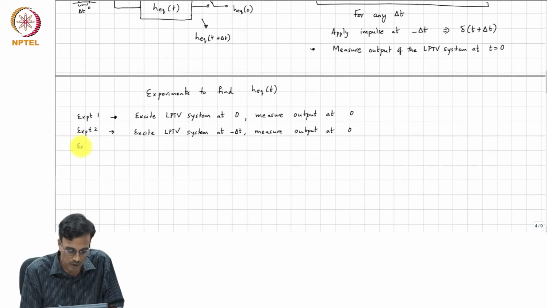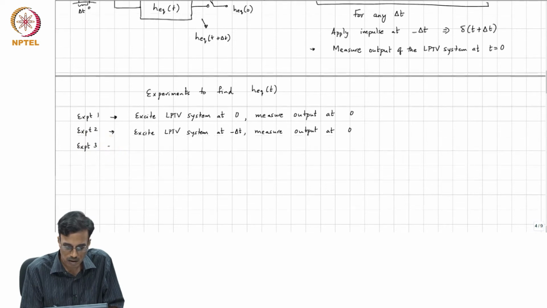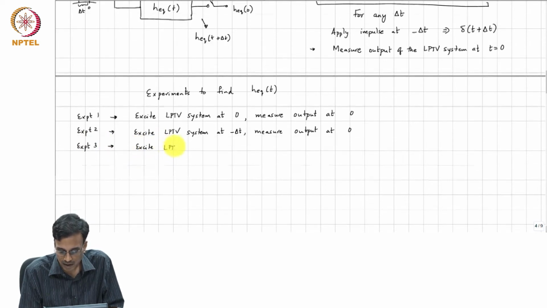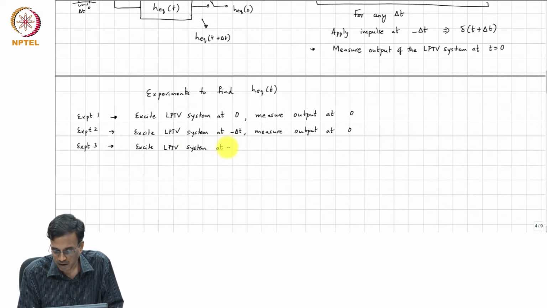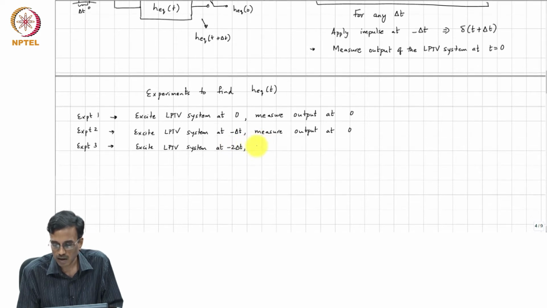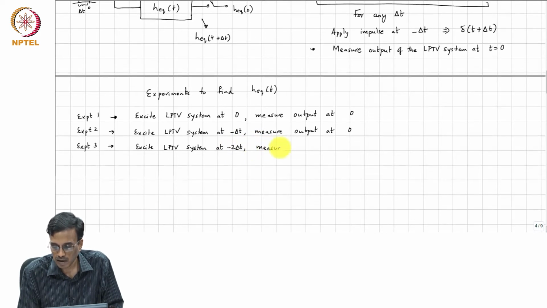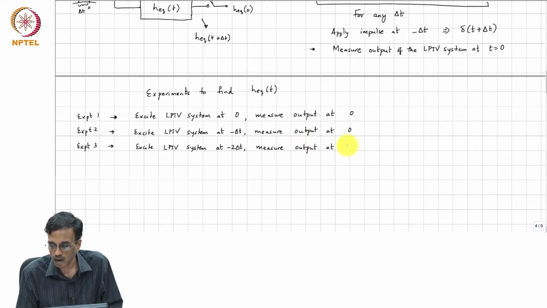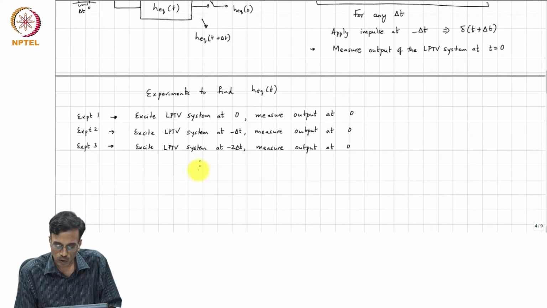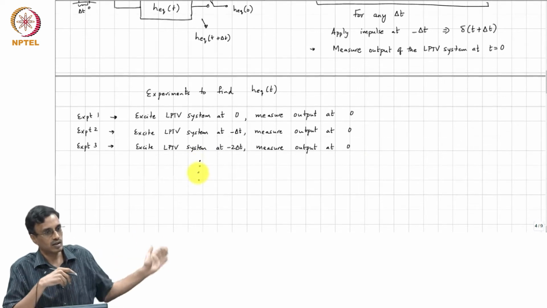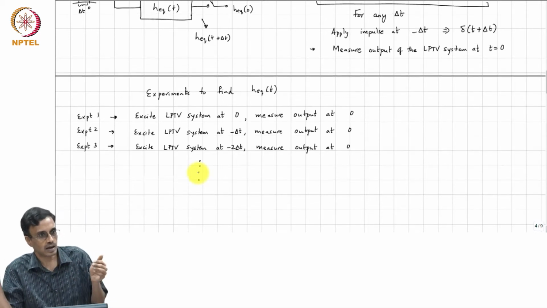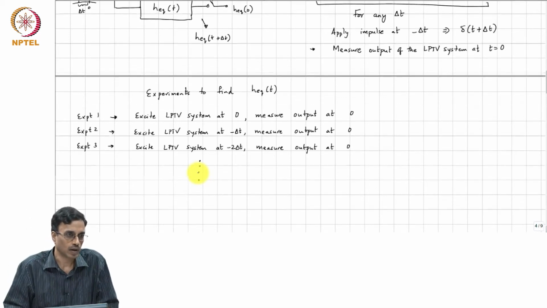Experiment 3, excite the LPTV system at minus 2 delta t, measure output at 0, and so on and so on, until you do an infinite number of experiments, so that you will be able to get the response for all t.